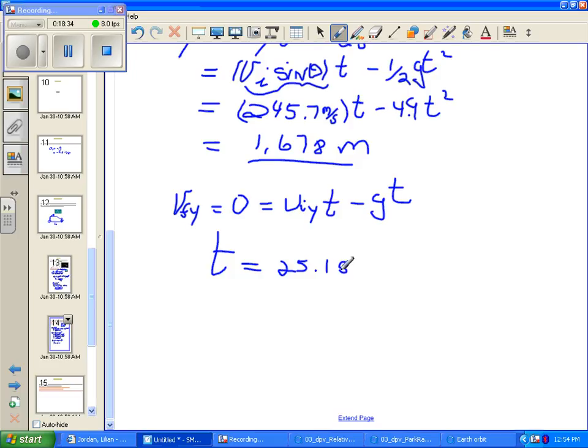So what that tells us is that, this being the launching of the projectile, this being maximum height, 25.1 seconds has gone by, and an additional amount of time goes by, 42 seconds minus 25.1 seconds, until the striking of the mountainside.